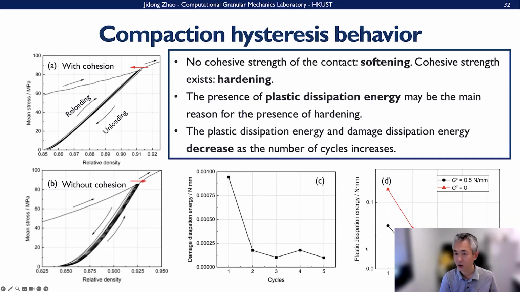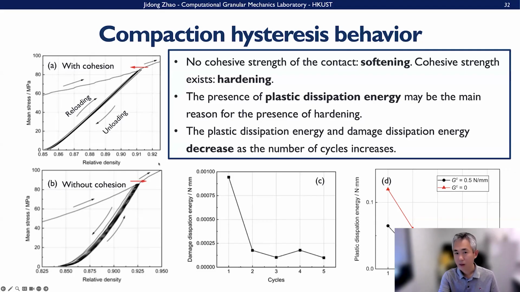Okay, and also how the plastic deformation, plastic dissipation energy, we can differentiate them at different stages here. So with no cohesive strength of the contact, it typically gives us a softening behavior. Sometimes the cohesive strengths exist, and then they could give us a certain hardening behavior here, right?